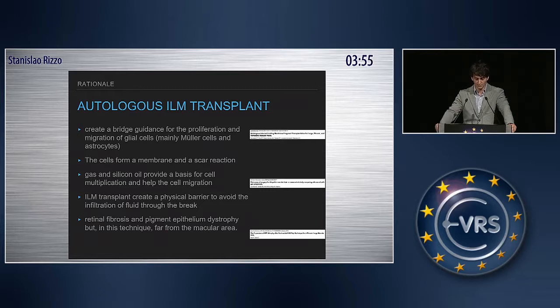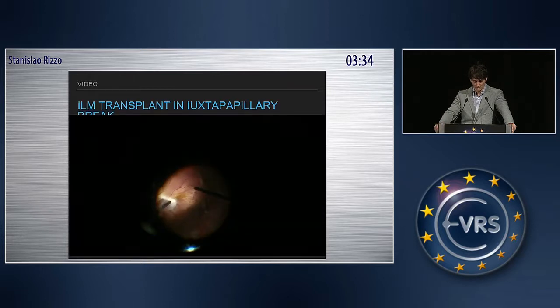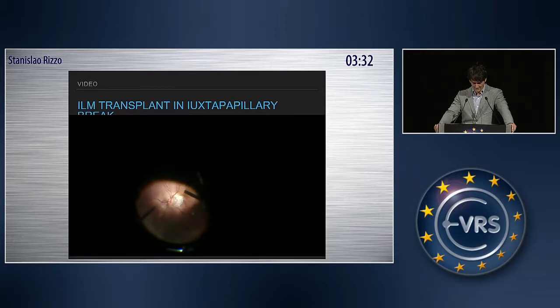We know that this plug can induce a retinal fibrosis that can be a problem when we implant in a macular hole, but it can be an adjuvant effect if we are talking about a posterior break, but not a macular break. So these are the first cases.